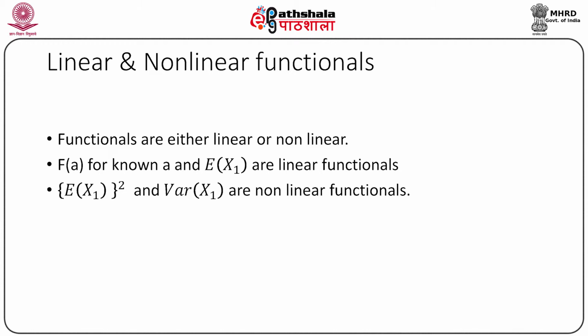And for all these functionals, theta(alpha F1 plus (1 minus alpha) F2) equals alpha theta(F1) plus (1 minus alpha) theta(F2) for every 0 less than alpha less than 1. Therefore, the above functionals are called linear functionals.